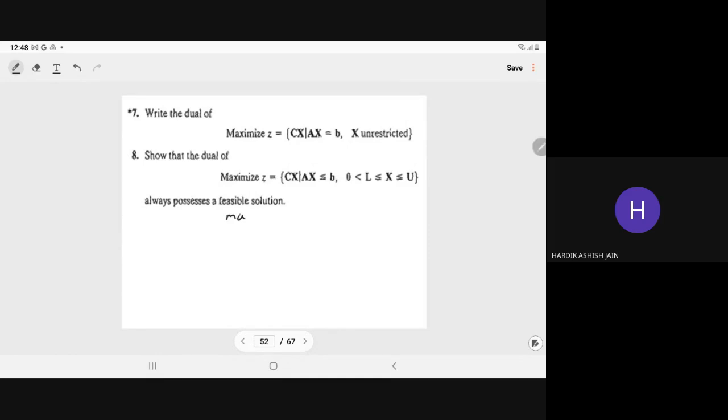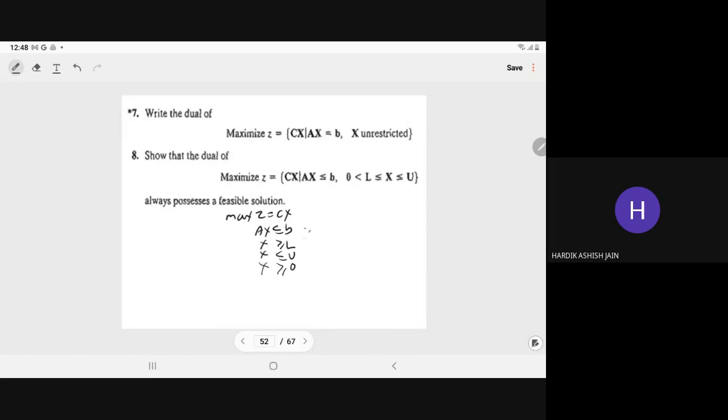So maximize z is equal to cx subject to ax less than or equal to b and x greater than or equal to l. You can assume it as another constraint, and x less than or equal to u, and x greater than or equal to 0.